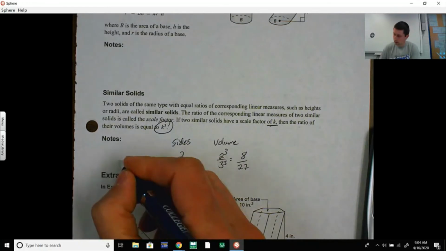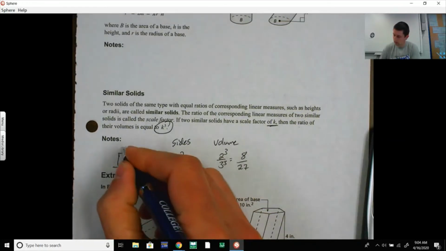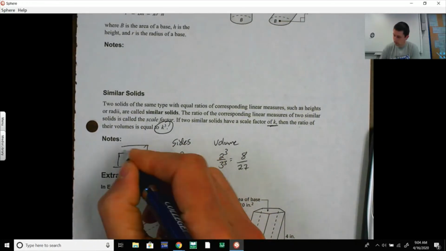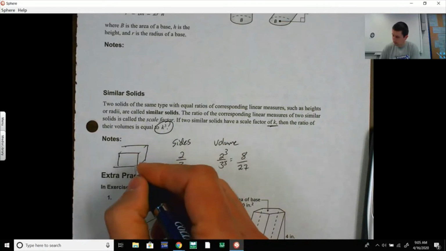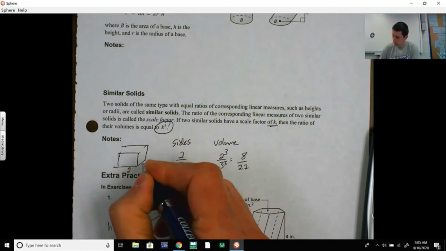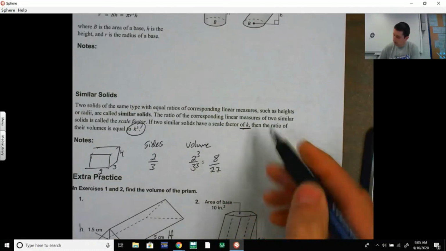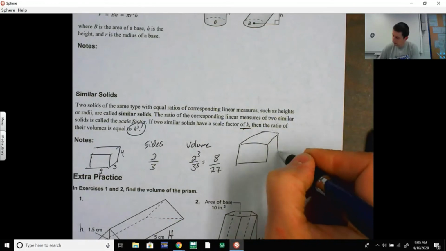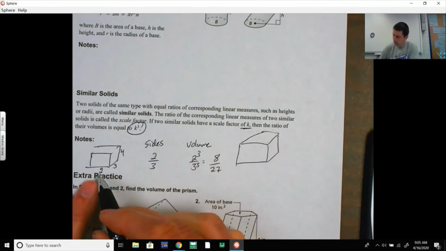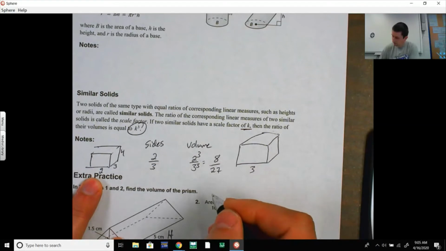So if I have a cube that's 2, 3, 4, and then over here I have another cube that's bigger, and the scale factor is 2 to 3. So if I have 2 here, I have 3 over here.